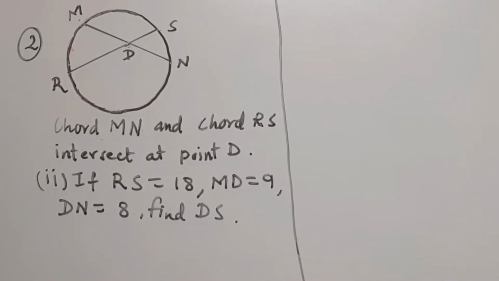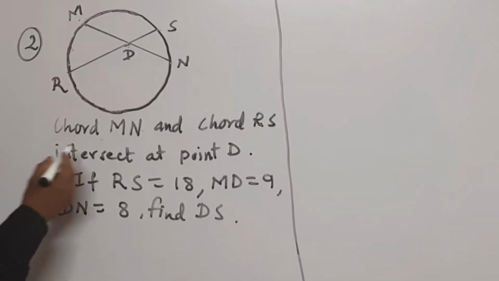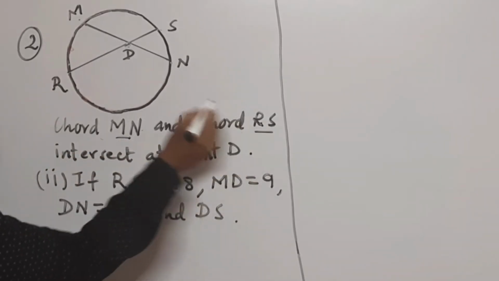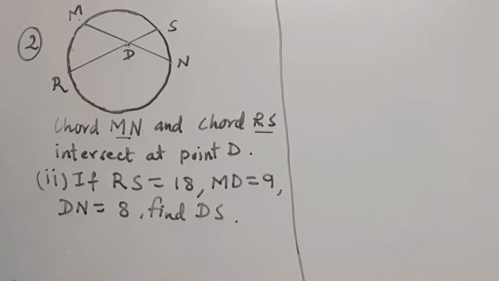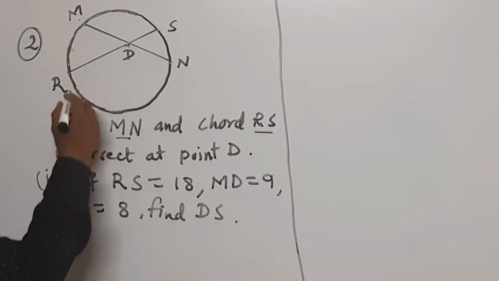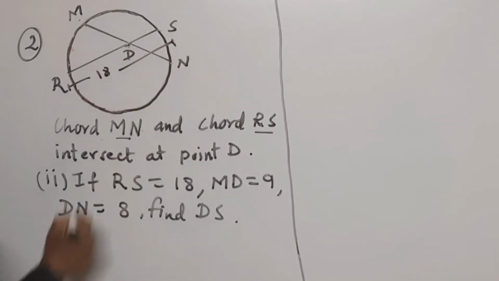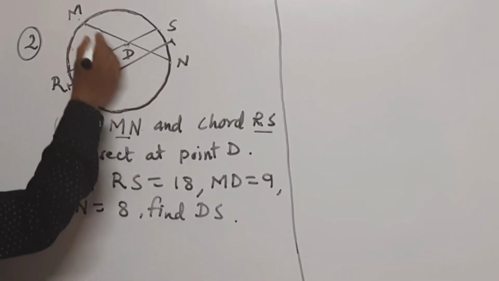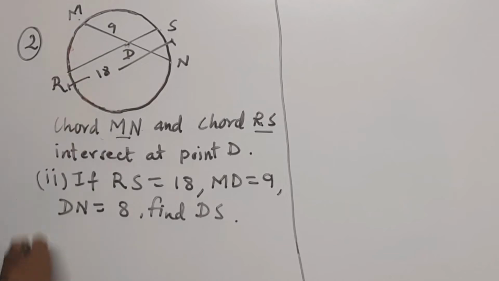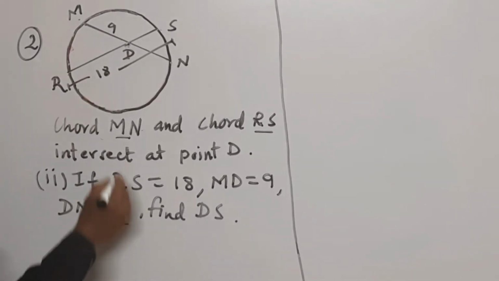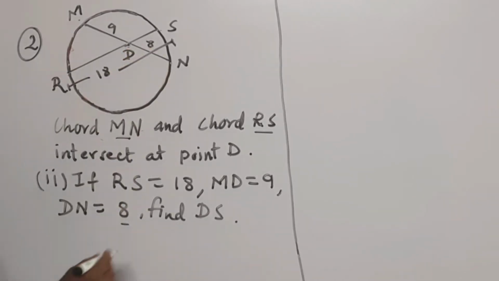Question number 2, second example. We have chord MN and chord RS intersecting at point D. RS complete is equal to 18, MD is equal to 9, DN is equal to 8. Find DS.